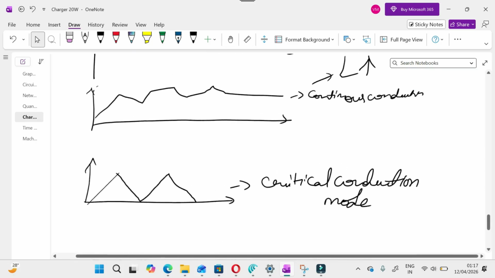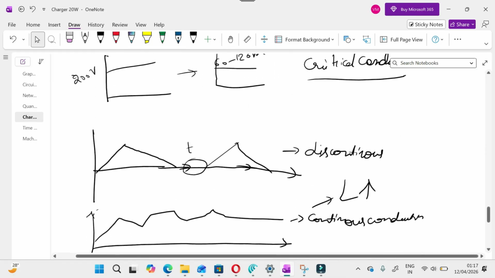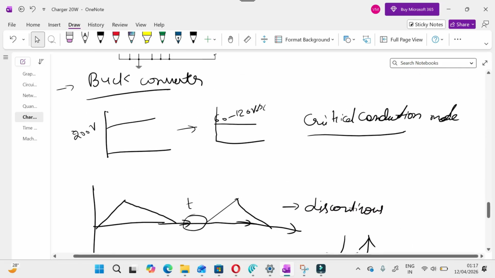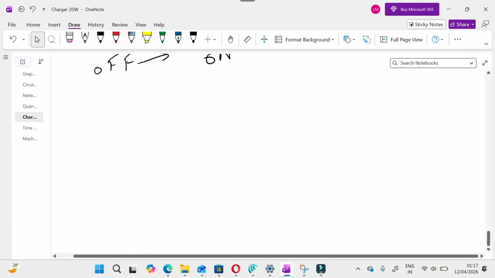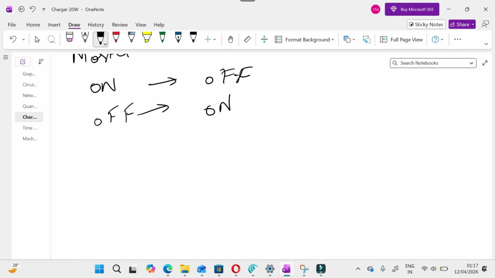The reason is the way it is designed for the application and the inductor which is selected in that LED driver circuit. If the inductor value chosen is very low, the frequency of MOSFET switching will be very low. What does that mean? The on and off tendency of this MOSFET and LED bulb will be very low. Because of that, if this frequency is very low, then the on and off of the LED bulb can be seen by the visible eyes.